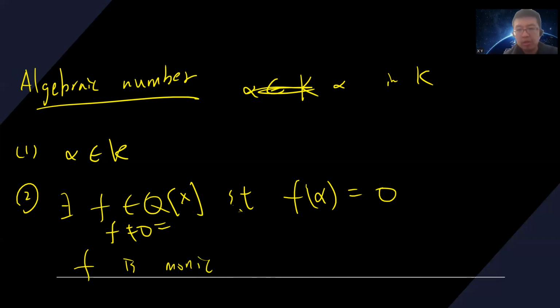So you can just assume that this f is monic. Okay, so now maybe for example, x squared minus 2, this is a number field, right?